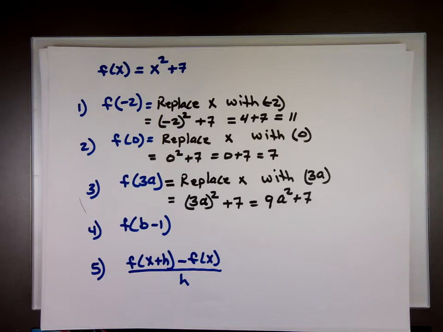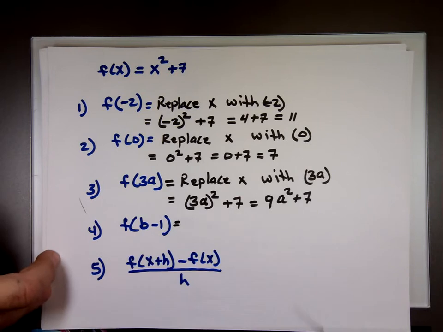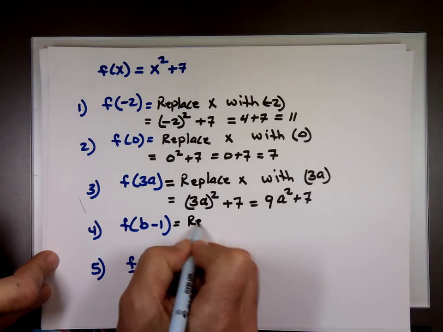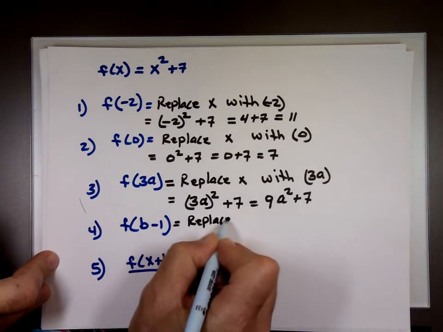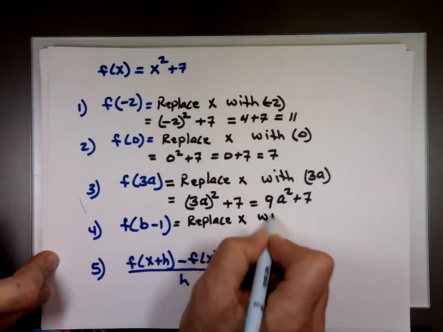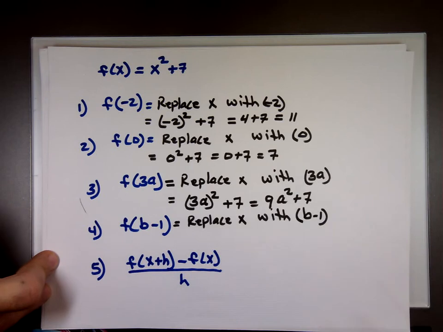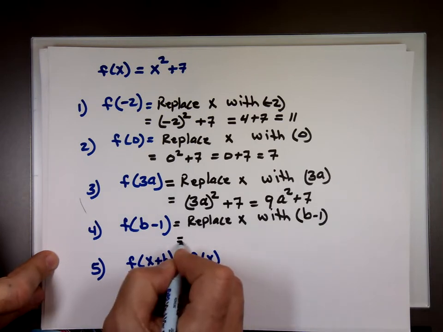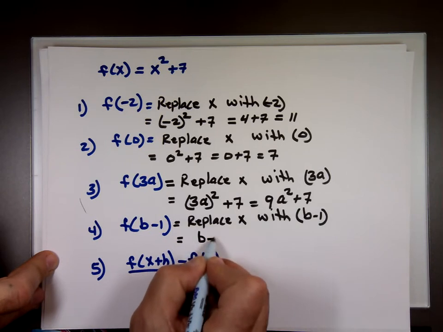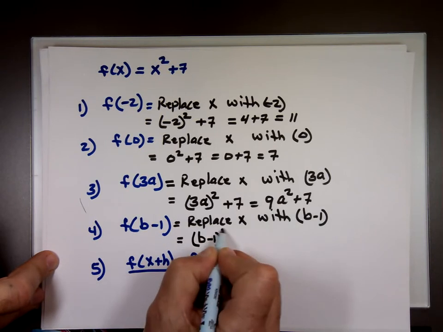What about f of b minus 1? Replace x with what? B minus 1. So that's going to be b minus 1 squared plus 7.